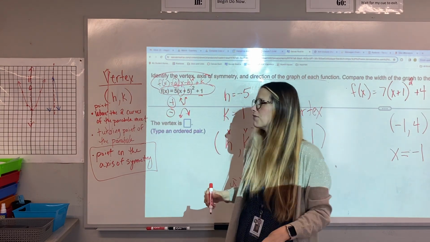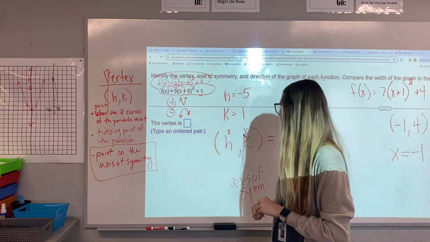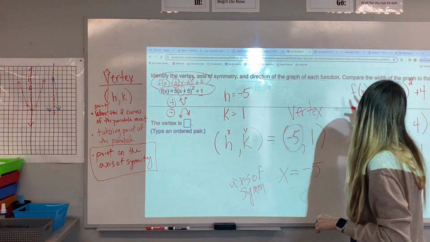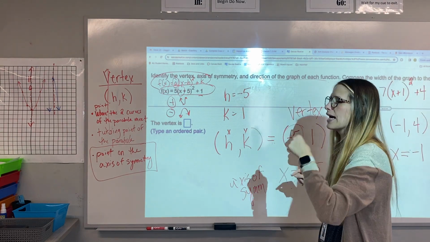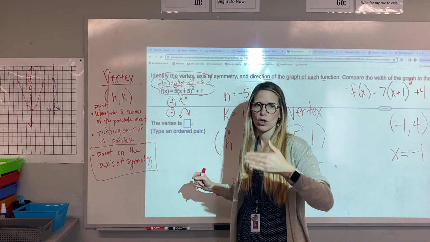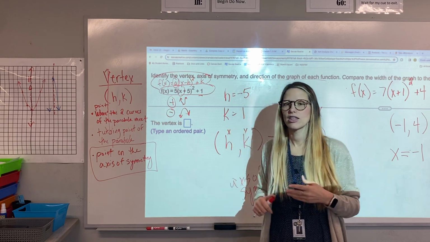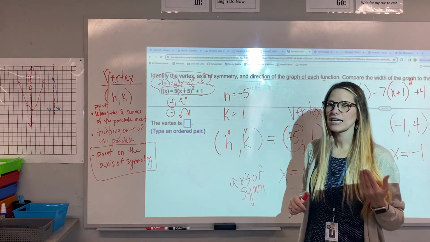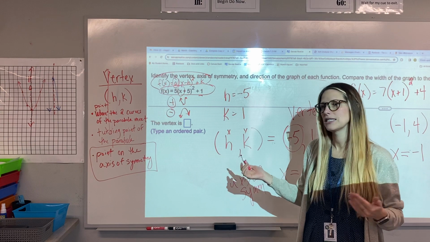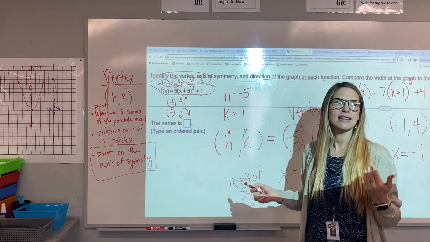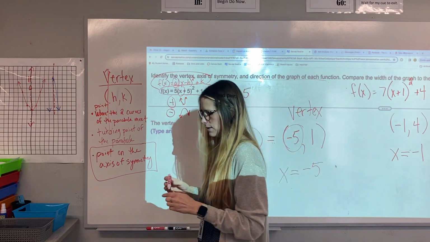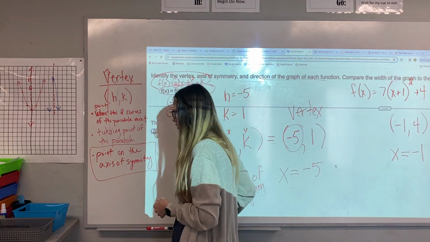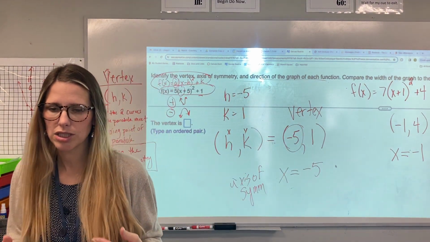Yep. So it says compare the width. The width of this function will be narrower than the parent function. If it's a decimal number, like 0.5 or 0.03, that will get wider. Does that make sense? There's one more question on there. You should be able to answer it based on everything we just covered.